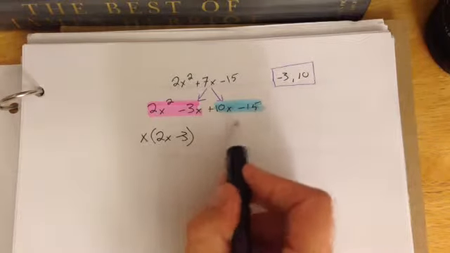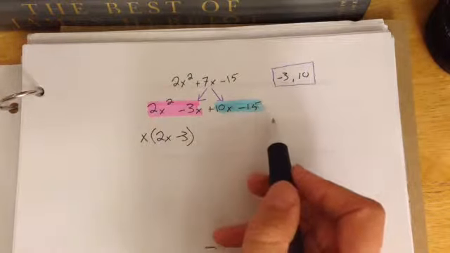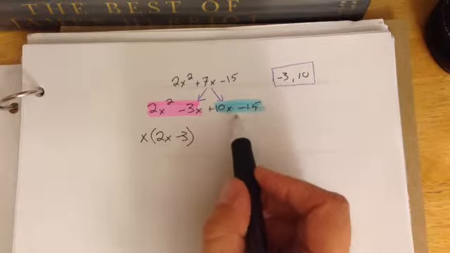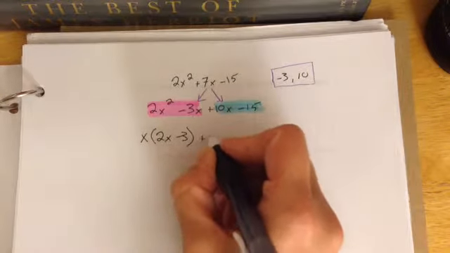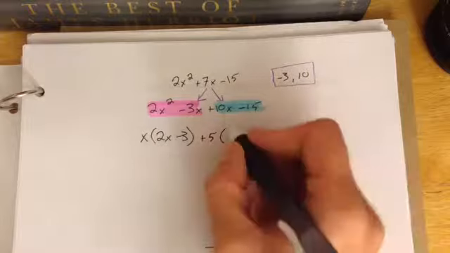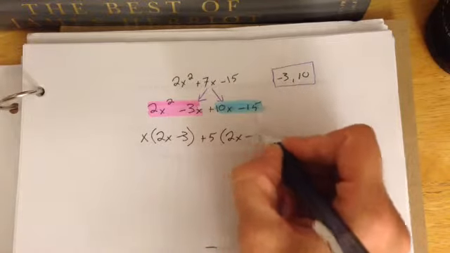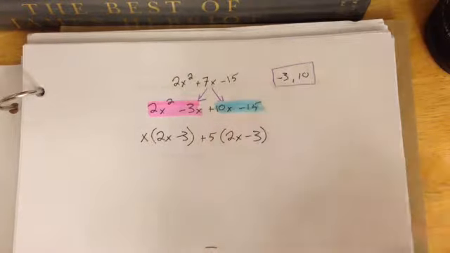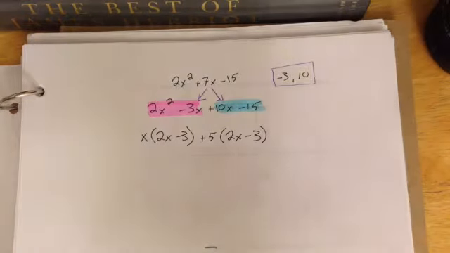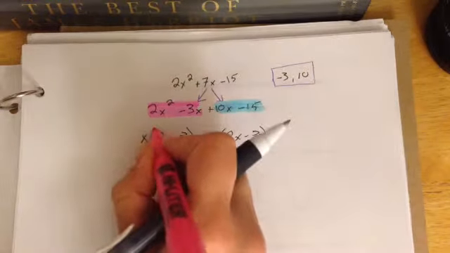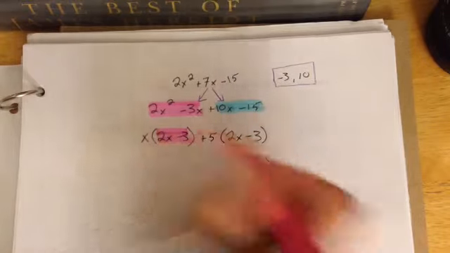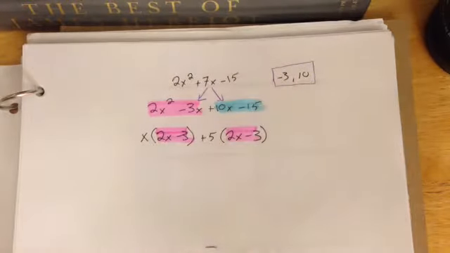And from this second group, do they have anything in common? Well, yes, they have a 5, so I can factor a 5 out. So 5 times 2x minus 3. All right. Now if our factoring by grouping has gone as planned, the stuff in the parentheses here will be the same for both terms.